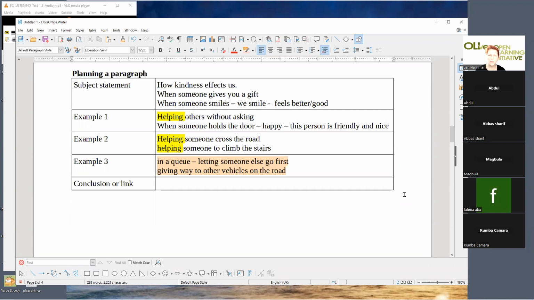Yeah. So how would you start your introduction on a paragraph about kindness? Writing a topic sentence. So try and think up, I'll give you a minute to think about it. See if you can think up or write down an opening sentence, an introductory sentence for this. What would you say to introduce this topic?